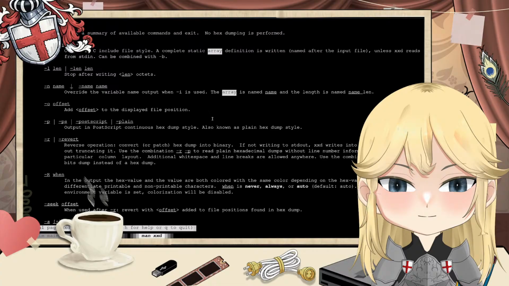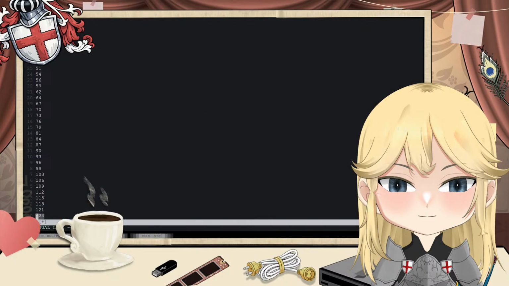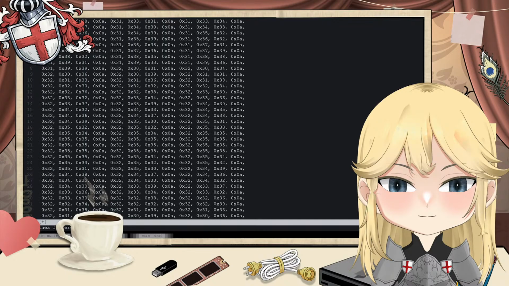Can put it into our dash I. And xxd dash I. This looks promising.